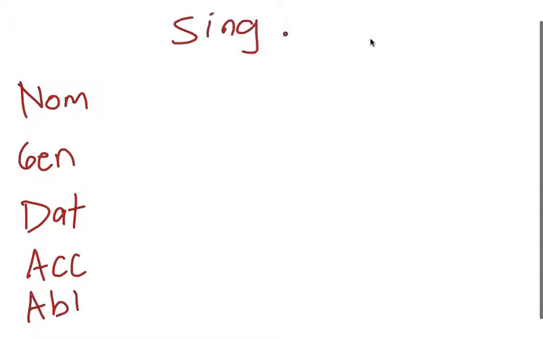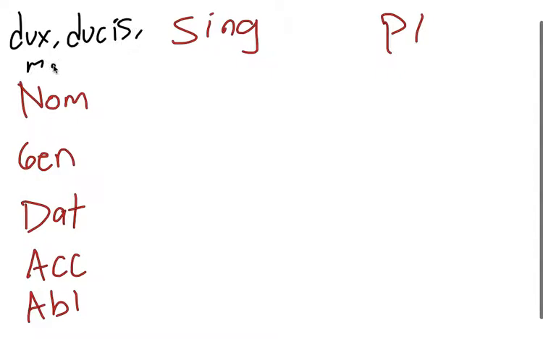Okay, now I'm going to set up a declension chart, and we're going to decline a third declension noun. I'm just going to abbreviate the cases. And singular and plural. And the noun that we're going to decline is dux. So it's dux, ducis, and it's masculine, and it means leader.